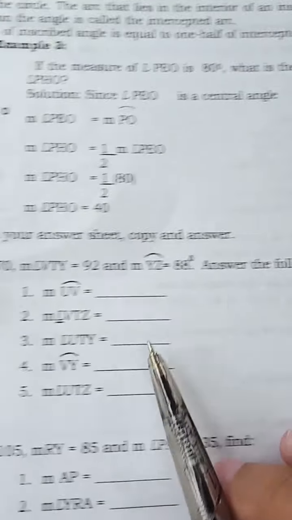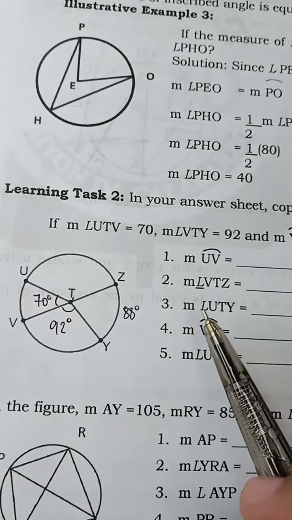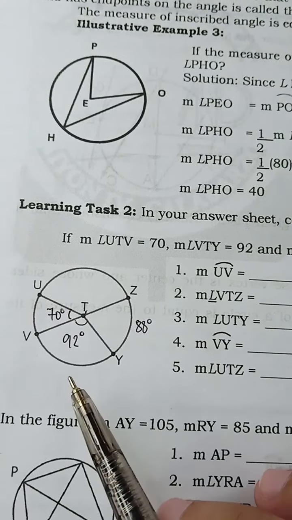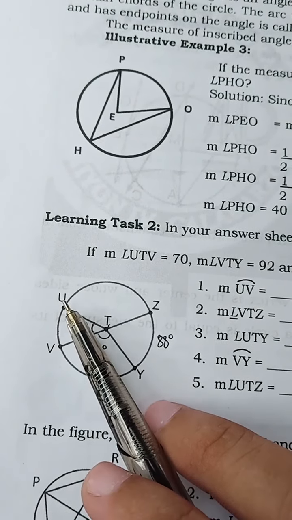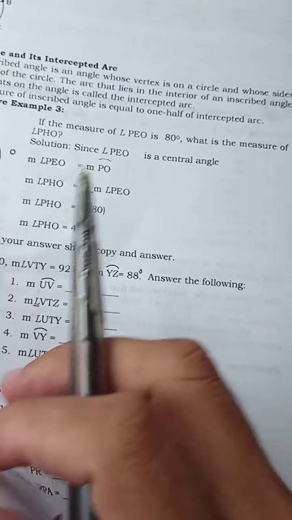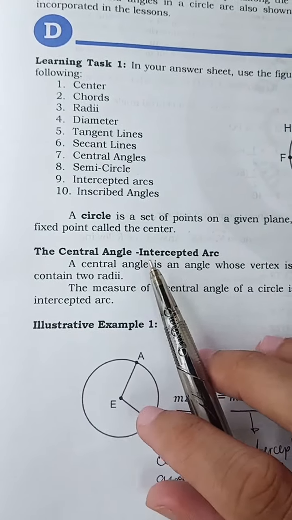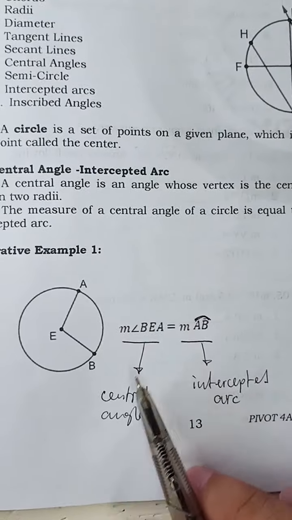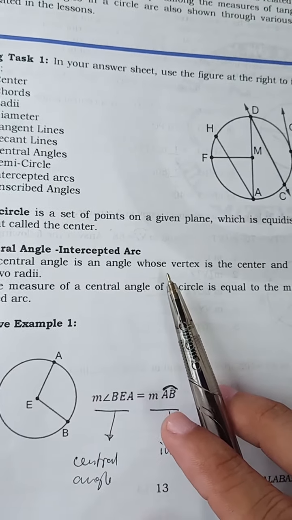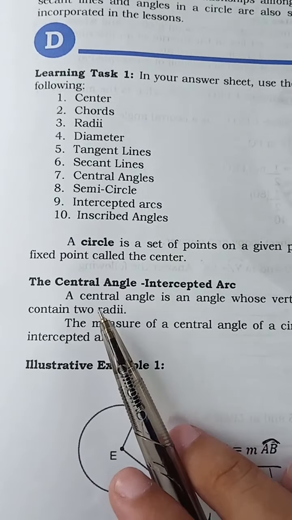Okay? And then we will answer the following. So, this is our answer. What is the measure of arc UV? If we read and understand the previous page about the central angle and the intercepted arc, I put the description here. A central angle is an angle whose vertex is the center and whose sides contain the two radii.